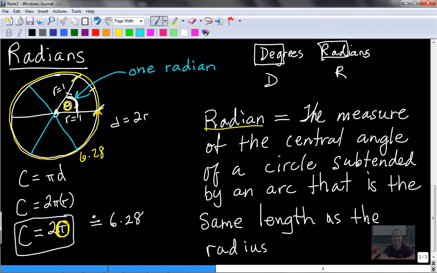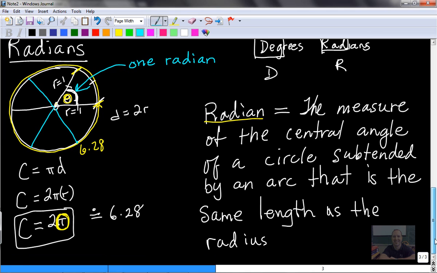1 complete circle is, yes, 6.28 radians. To be exact, 1 complete circle in degrees is exactly 2 pi radians.